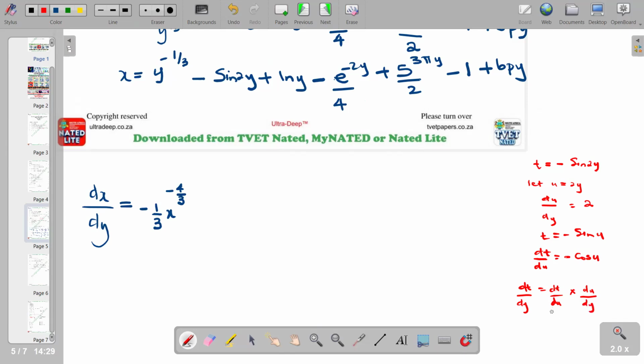So eventually dt/du, we found it to be negative cos u, but our u is what? Negative cos 2y there, which is going to multiply what? Which is going to multiply du/dy, which is 2. So this becomes negative 2 cos 2y.